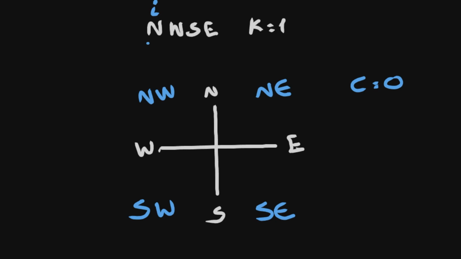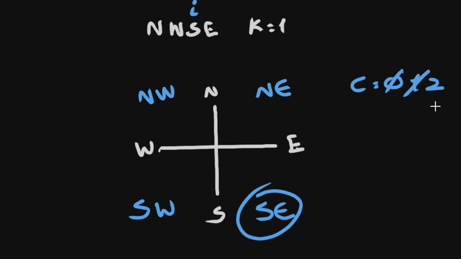The i pointer is here, we have an N. Remember, when we have an N or a W, we add 1 to the count. So now the count is 1, we update i. Now we have a W, meaning we add another 1 to the count, so now the count is 2. And now this is the key for this approach. We have a south, meaning we need to subtract 1 from the count.